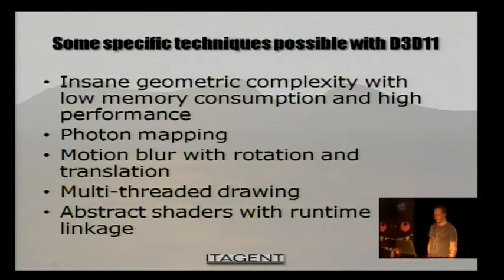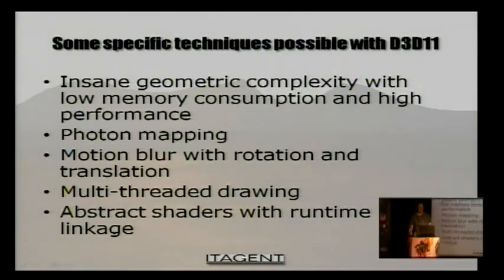And the tessellator doesn't have to store the generated stuff, so it's very fast. Photon mapping: we can use the Compute Shader to do some crazy stuff, like scatter some photons around, check where they hit and bounce them off geometry, all inside the GPU, so we don't have to touch the calculations in between on the CPU.